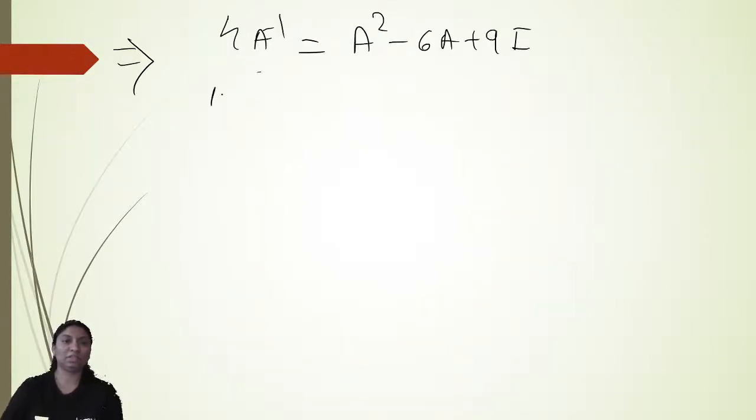So A inverse is equal to 1 by 4 into bracket A square minus 6A plus 9I.